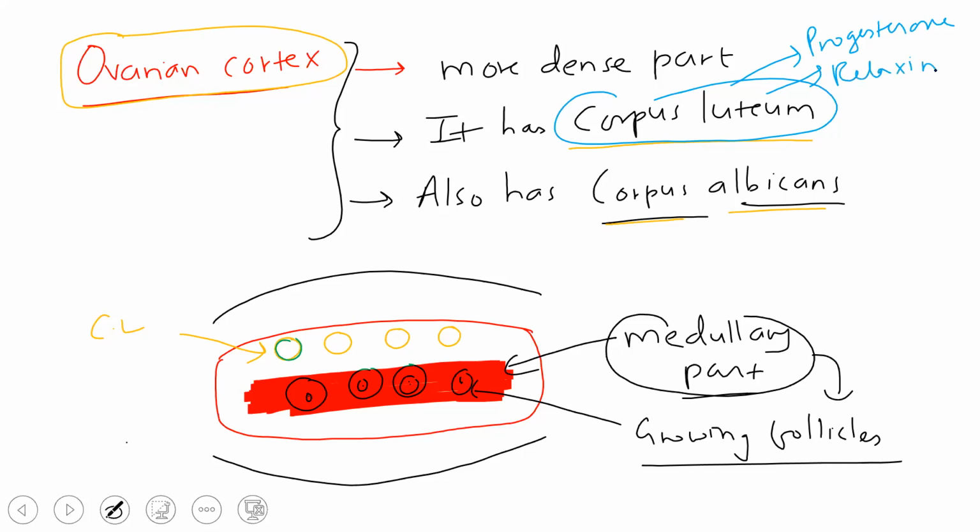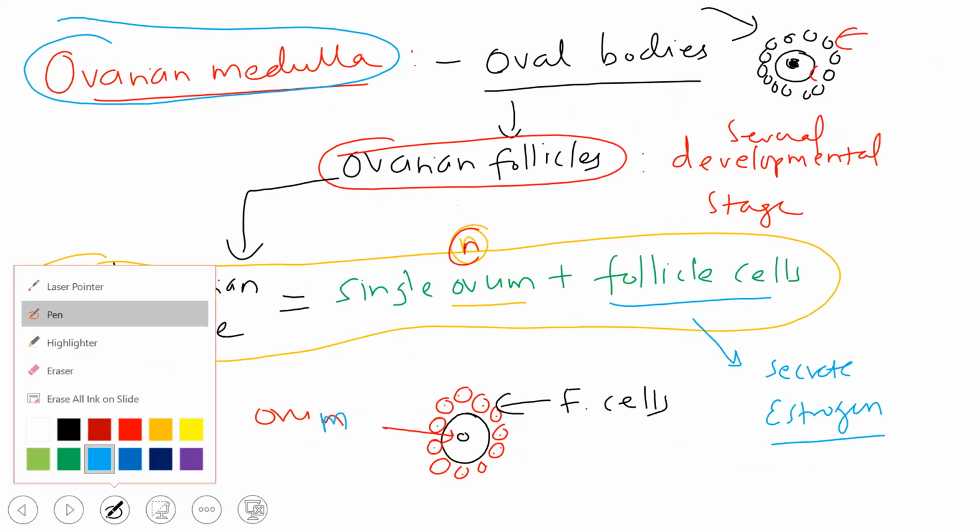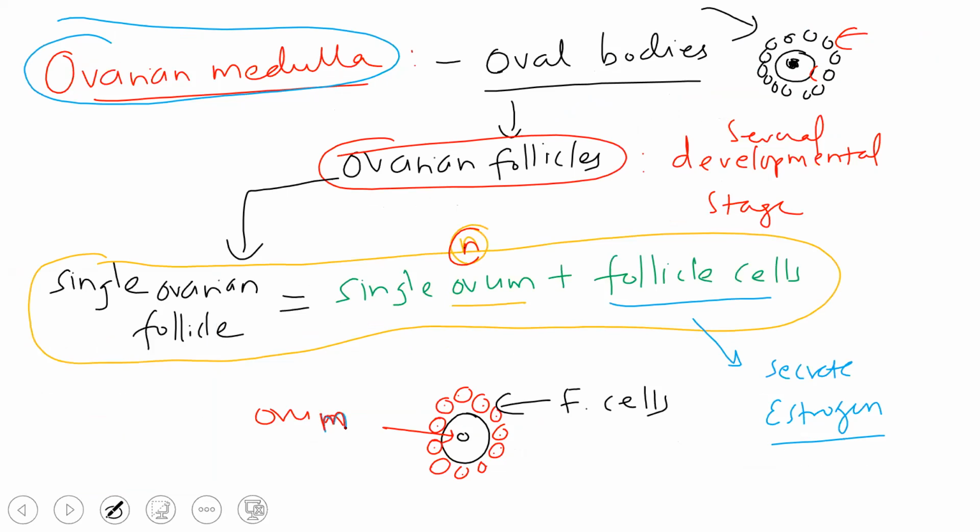If you have any doubts in this, feel free to ask. You should know what an ovarian follicle is, what medulla is, what cortex is, and why we call it a follicle. The ovum will basically transform into an egg cell later on. It will be released during the menstrual cycle.